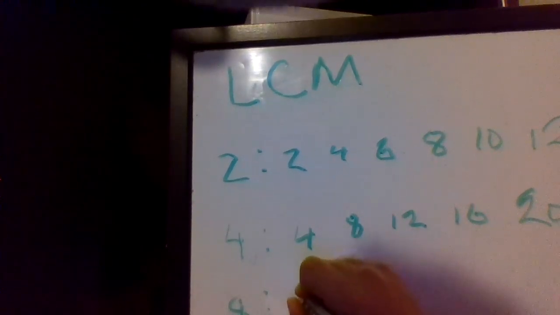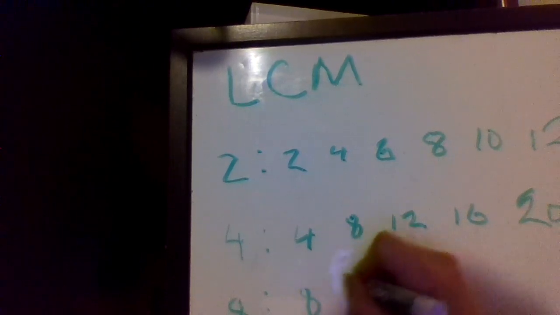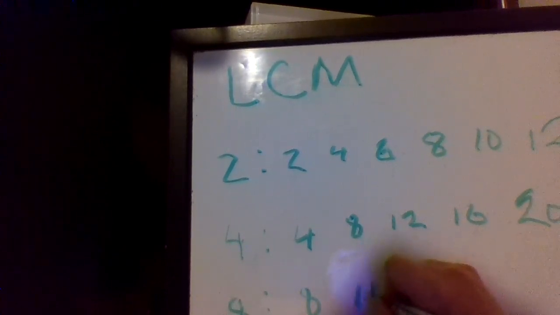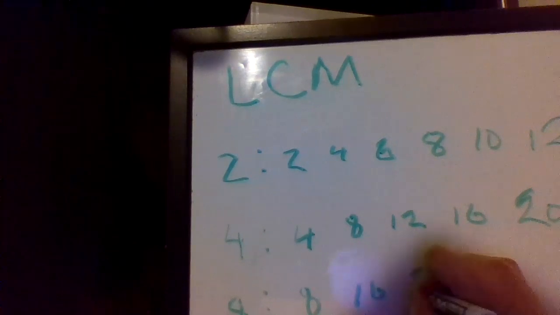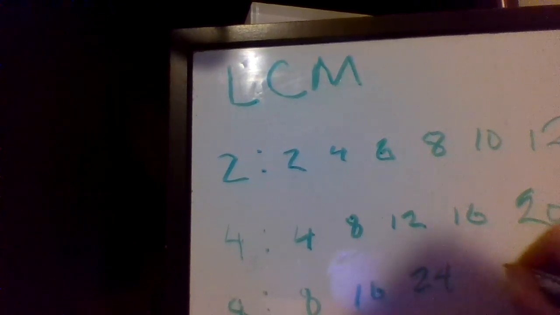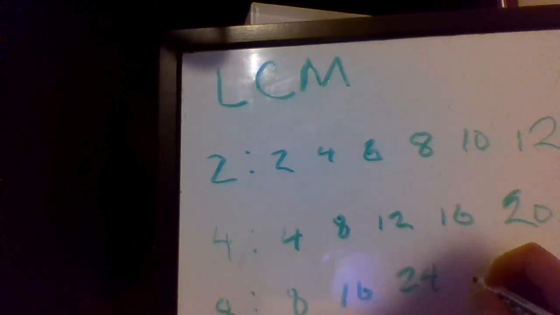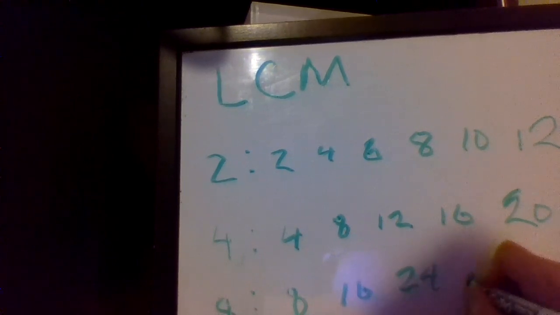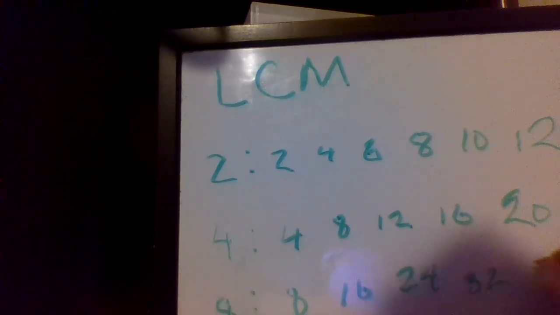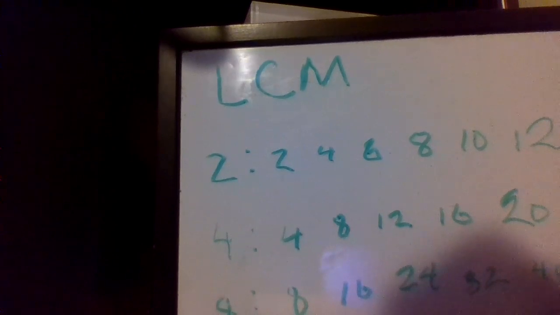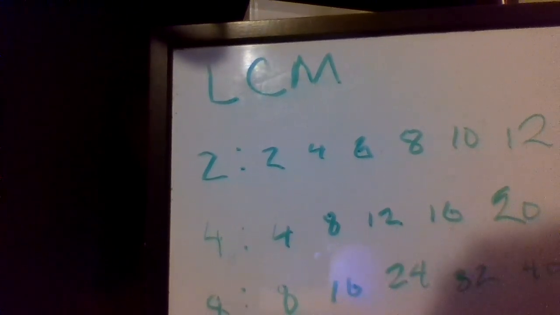8 times 1 is 8. 8 times 2 is 16. 8 times 3 is 24. 8 times 4 is 32. 8 times 5 is 40. And 8 times 6 is 48.